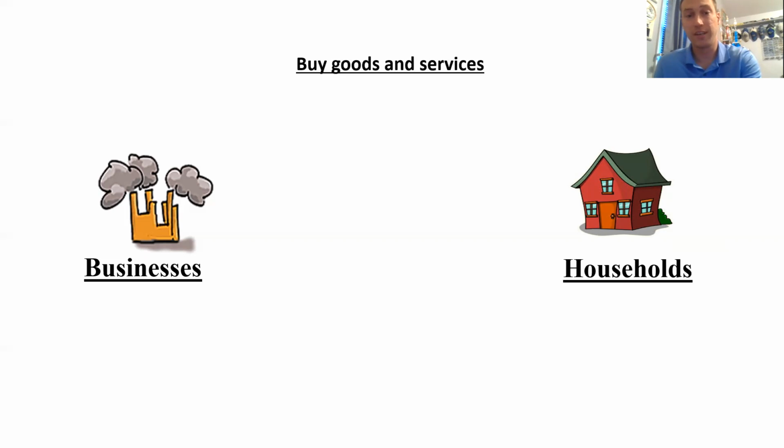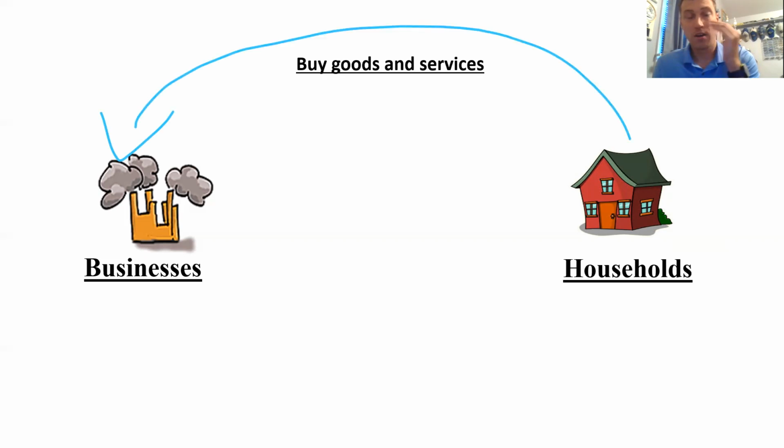So the first part of the circular flow model is the idea that households buy goods and services from the business. So this is you going to the grocery store and buying something from the deli for dinner that night. This is maybe your parent, maybe your mom and dad buying a car from a car dealership.